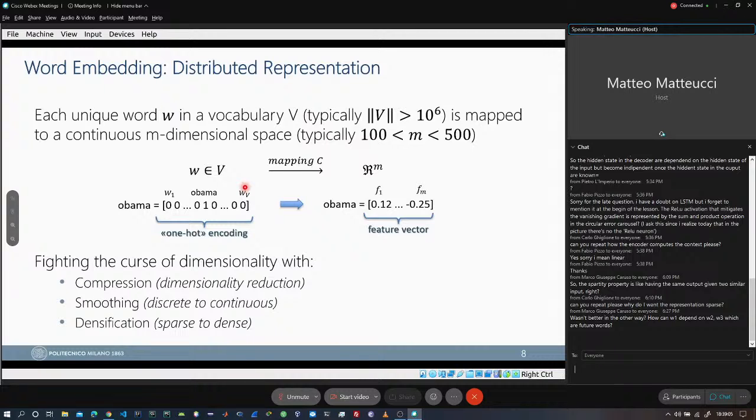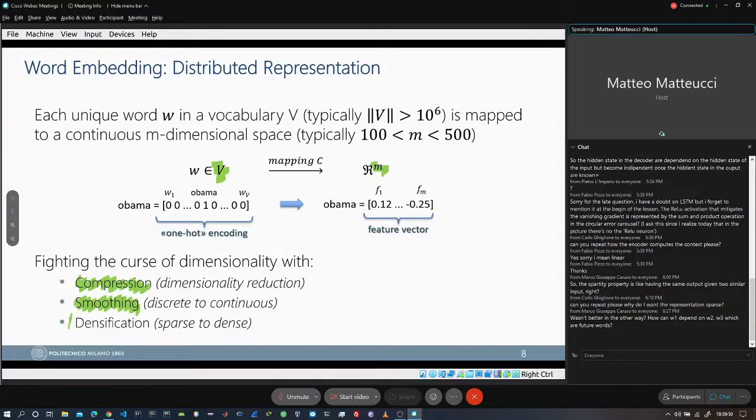This will allow the solution of this sparse problem by doing actually 3 actions. Compression, because you move from W to M. Smoothing: I told you that small changes in the encoding get abrupt changes in the word, while in continuous features you would like to have a slow change in a word by a change in this feature vector.